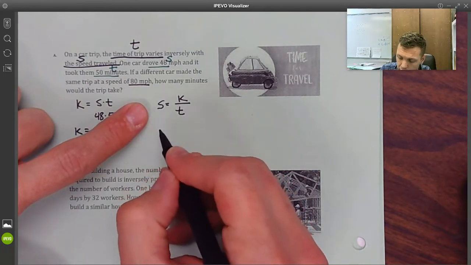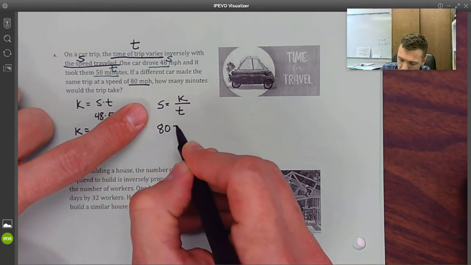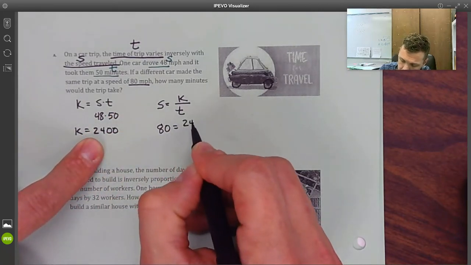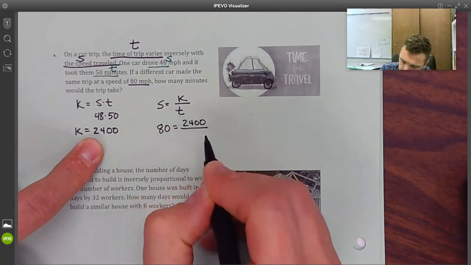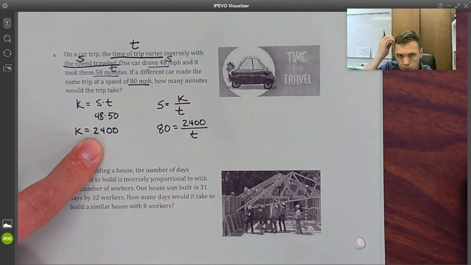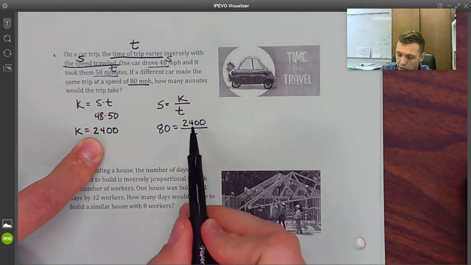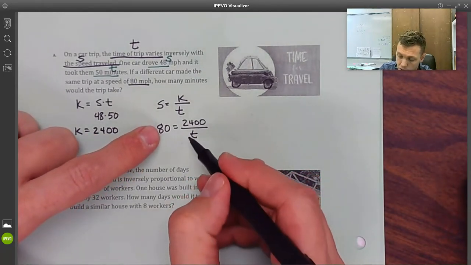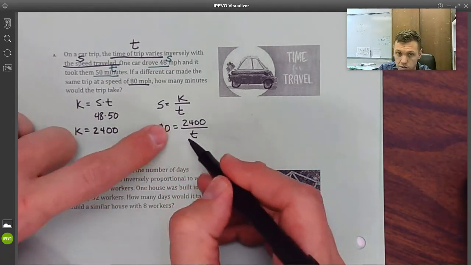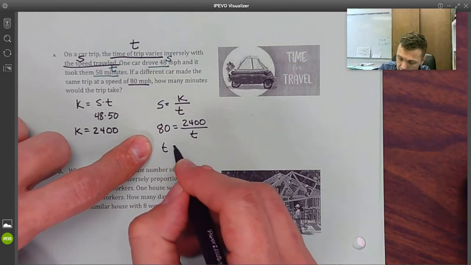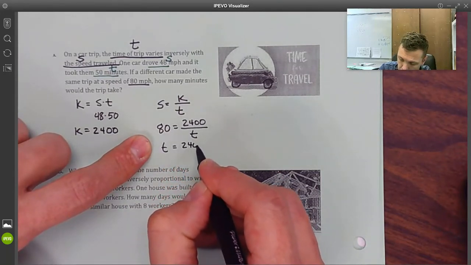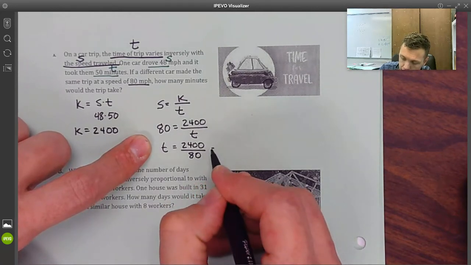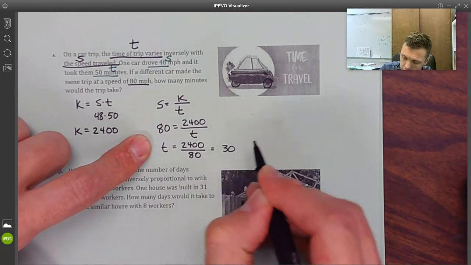So what we have here is actually 80 for the s. Our k is 2,400 over t. So here, how do we solve that? Essentially, the easiest way to do this is when we solve, these are going to switch. So t is equal to 2,400 divided by 80, which equals 30 minutes.